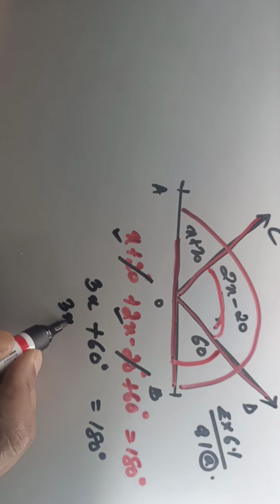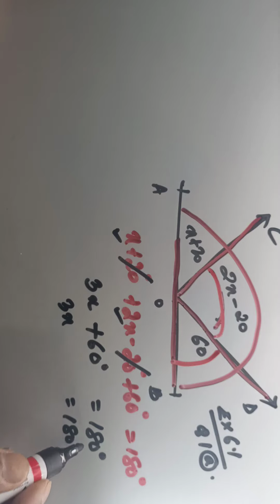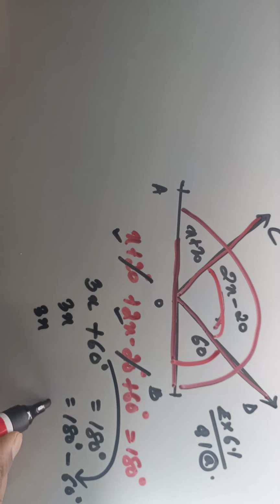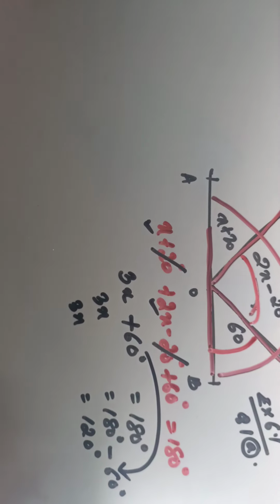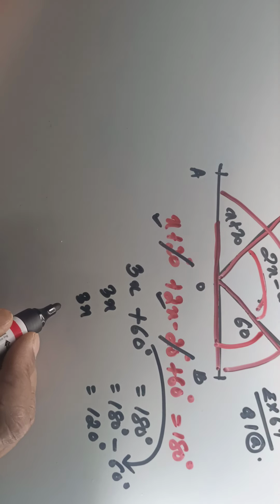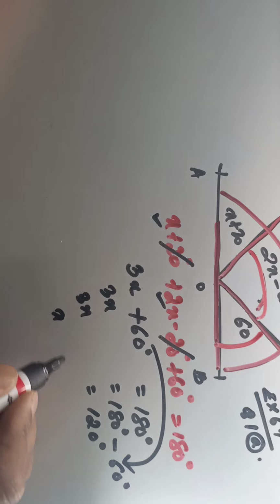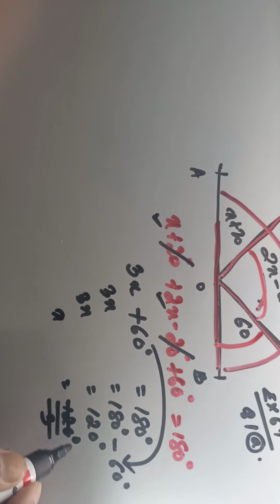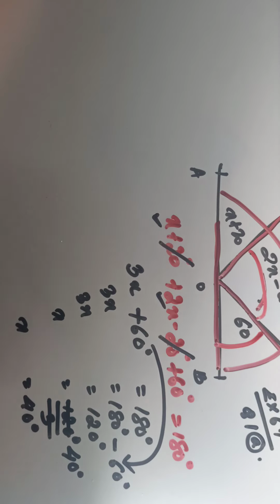Now 3x would be equal to 180 minus 60, that is 120 degrees. So x would be equal to 120 degrees by 3. So 3 fours are 12. x is equal to 40 degrees.